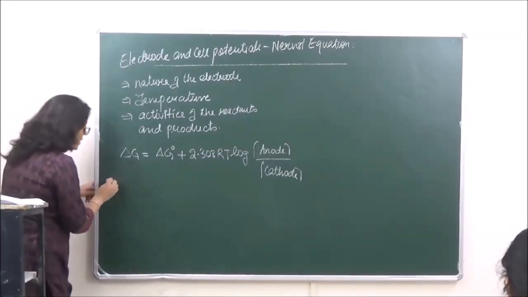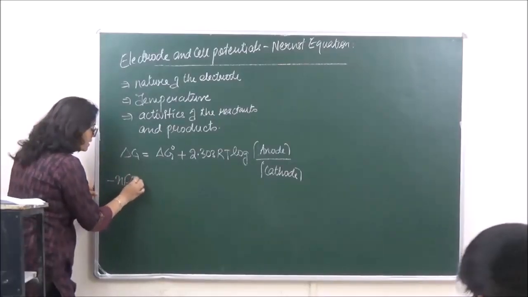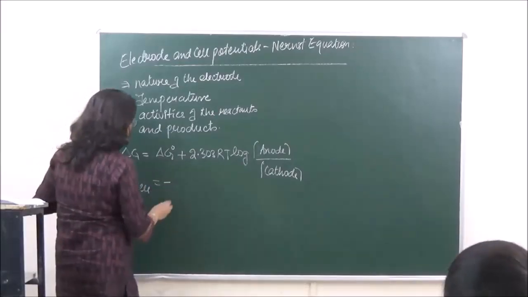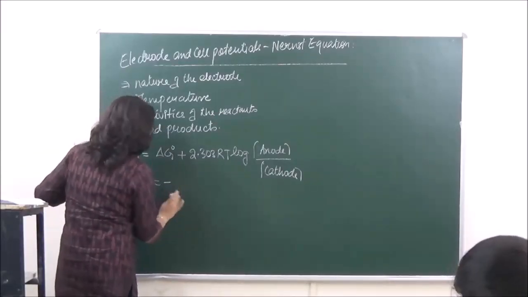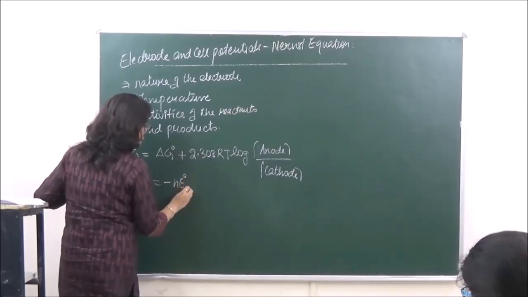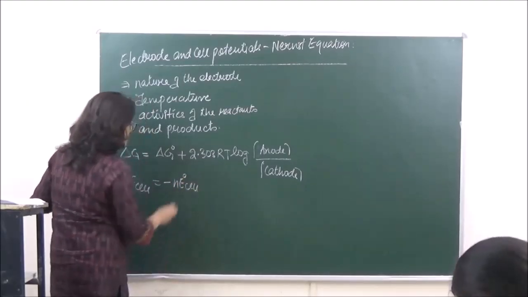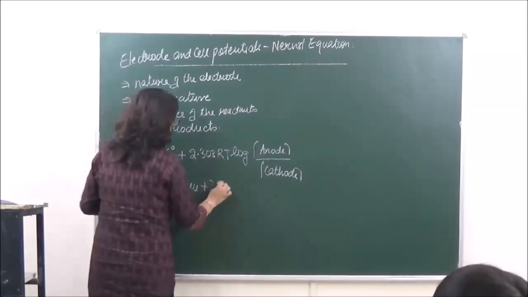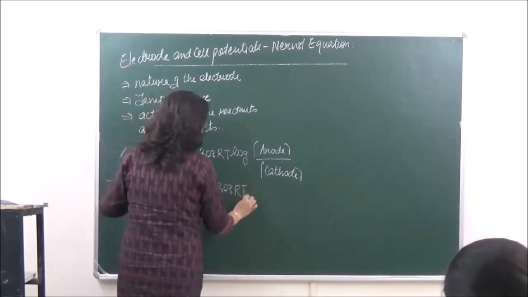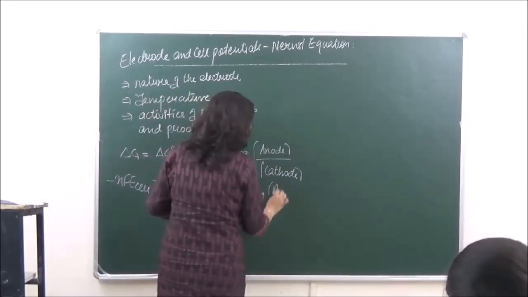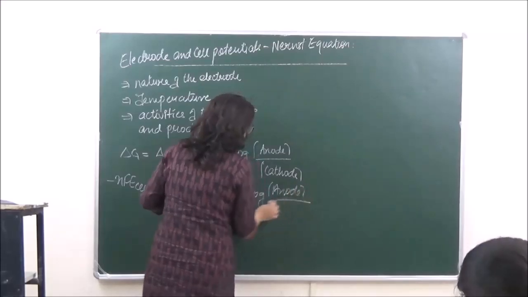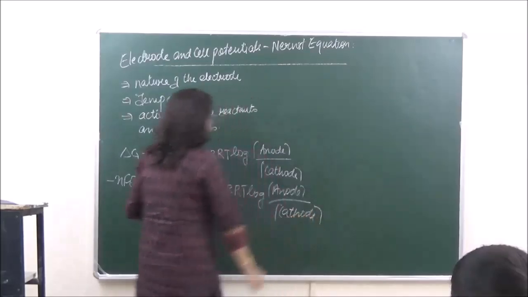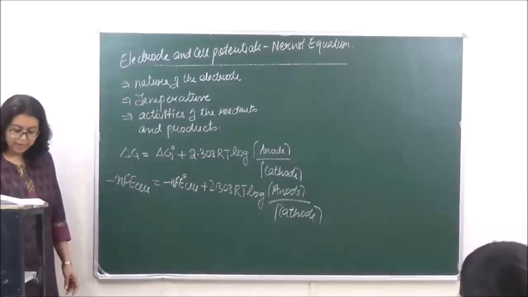Now we know that delta G is equal to minus NFE cell, right? And delta G naught will be equal to minus NFE naught cell plus 2.303 RT log of concentration of anode upon concentration of cathode. ठीक है?